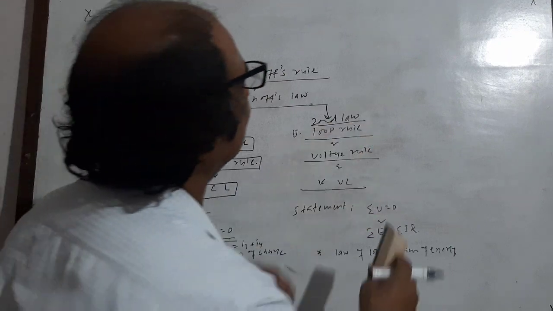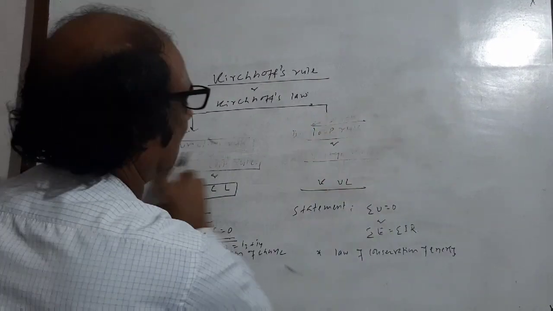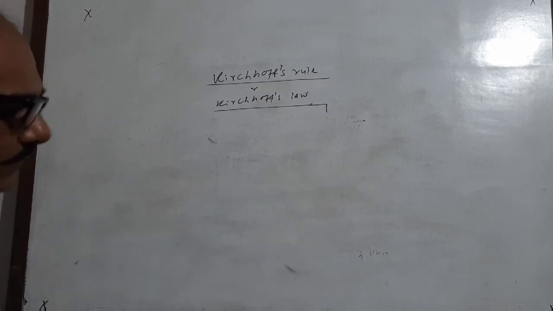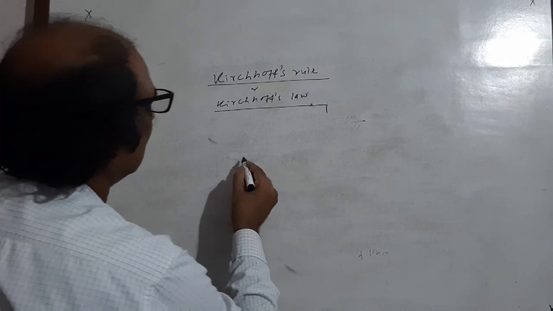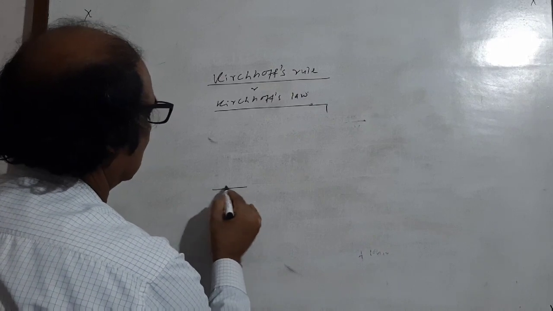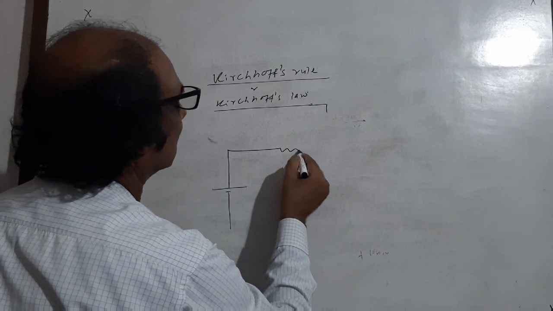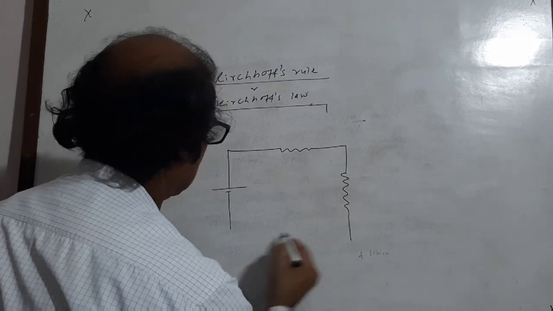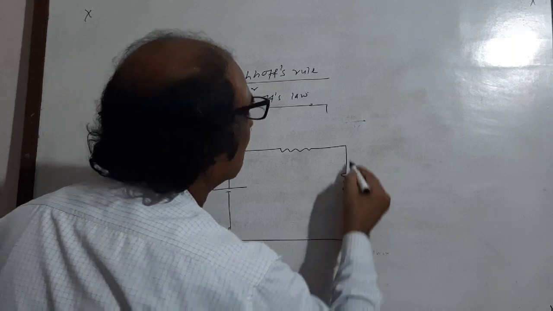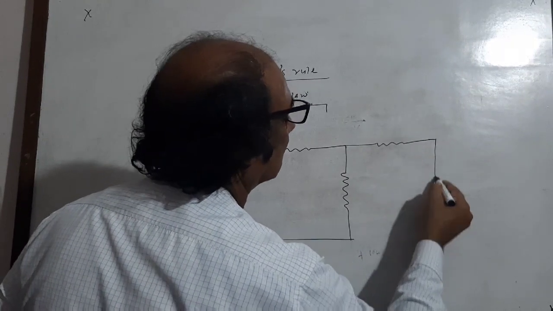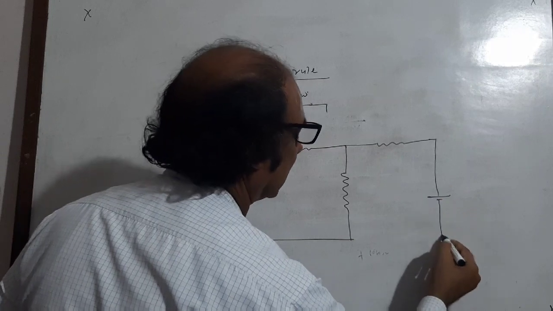Now come to the figure again. This one is the cell, this one is the resistor, this one another resistor, this one the third resistor, and this one is the second cell.